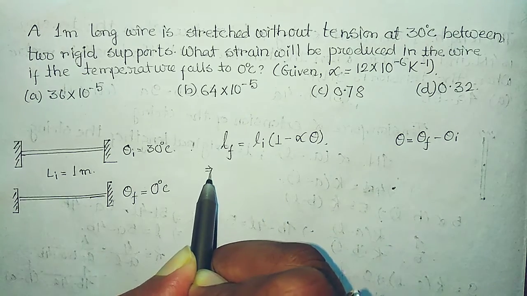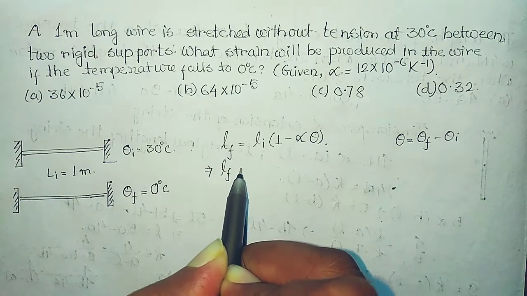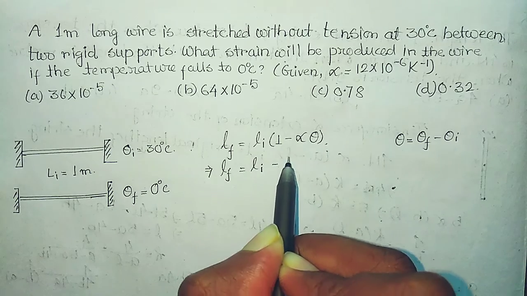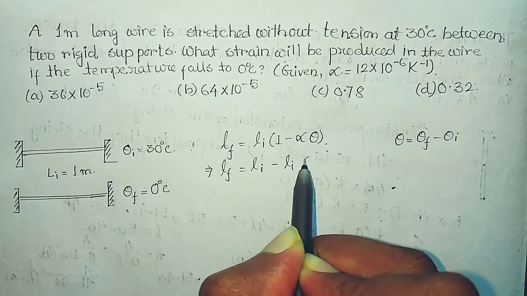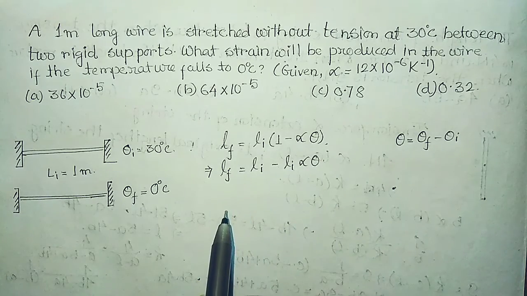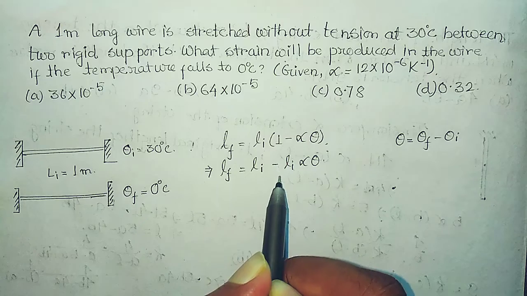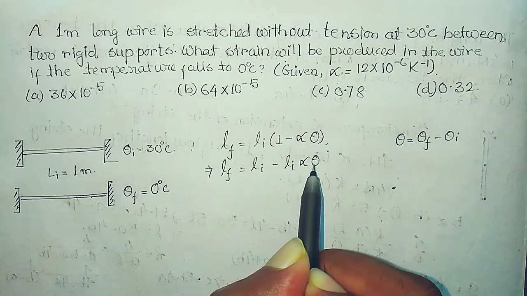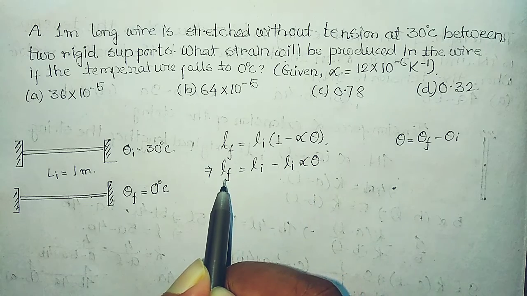So if I multiply this, LF equals Li minus Li into alpha into theta. It shows that the initial length is decreased by this factor, so we get the final length.